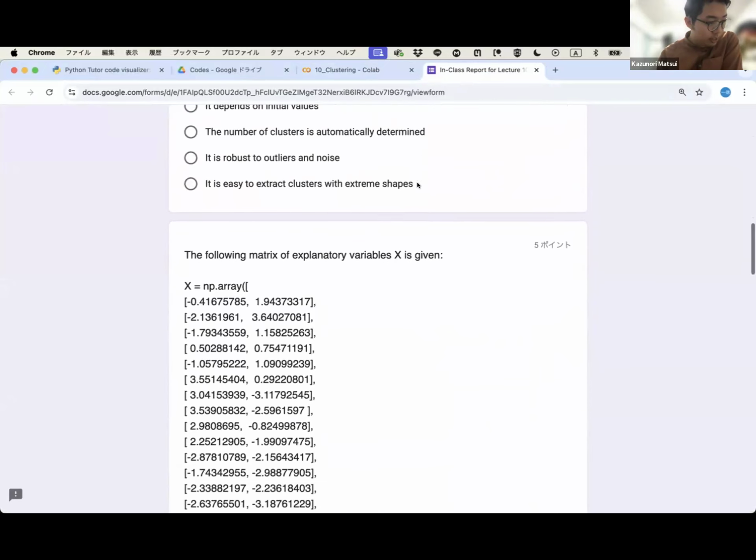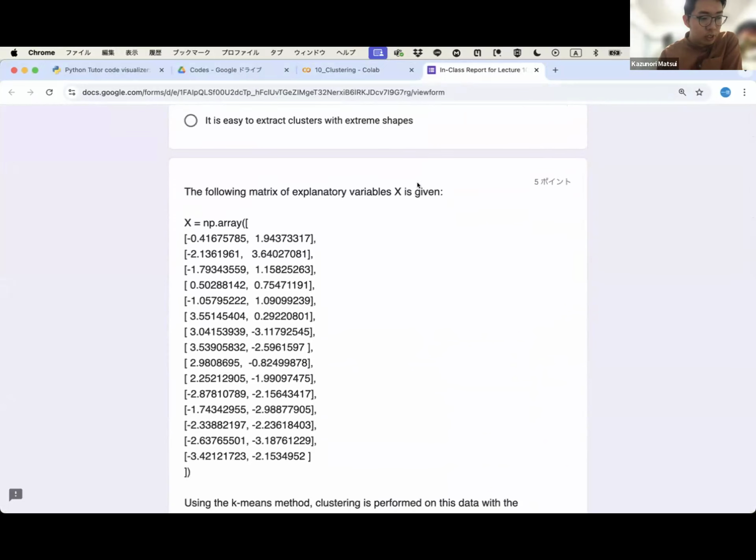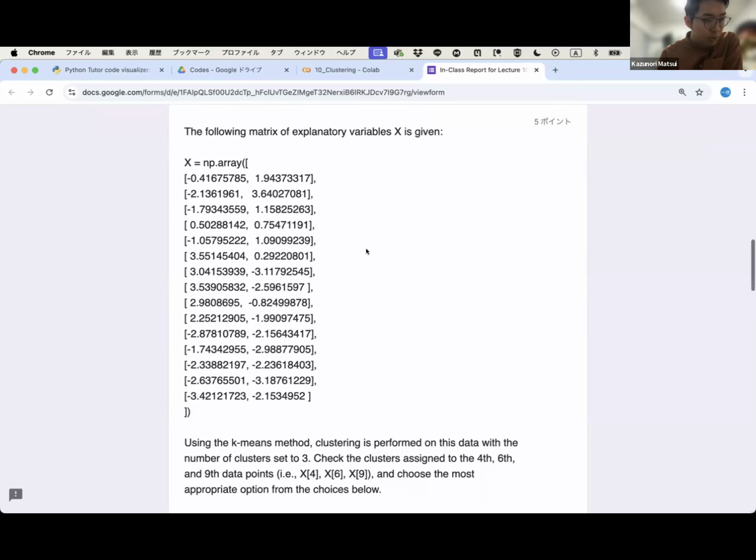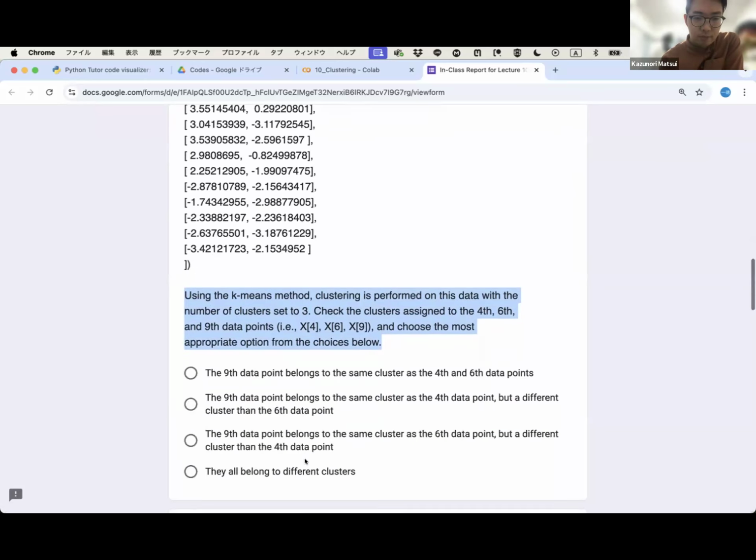And then there are problems where we actually apply it to data. In this case, the problem is to confirm the cluster assigned to the fourth, sixth, and ninth data points and choose the most appropriate one from the following choices here.